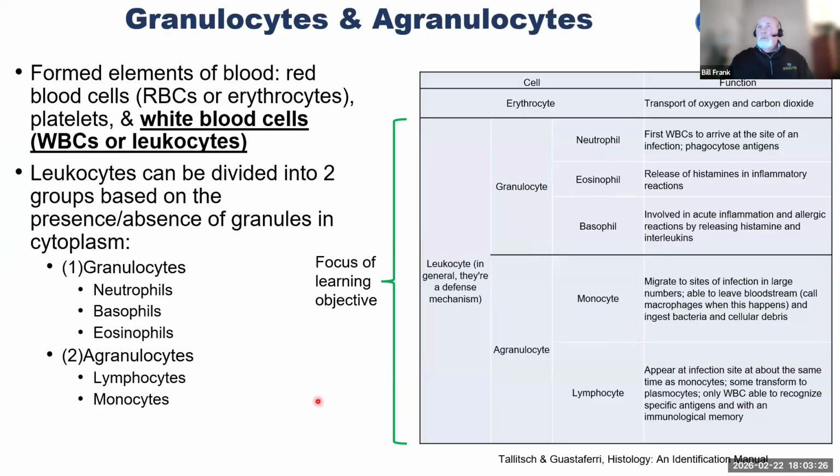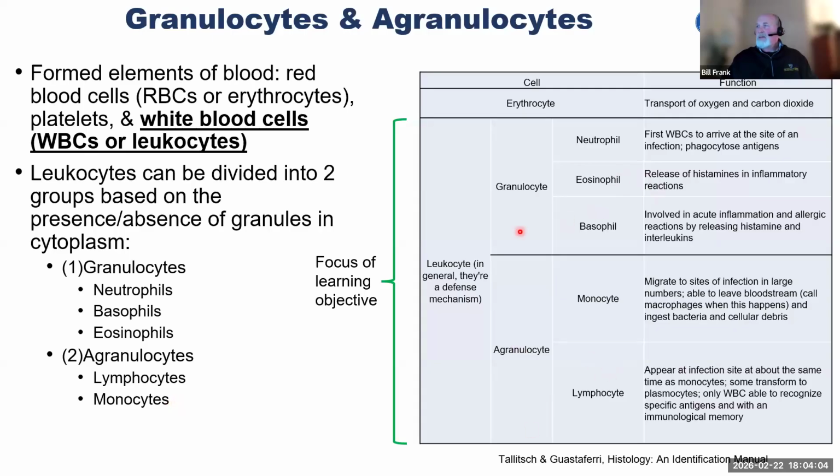Okay. When we look at granulocytes and agranulocytes, we've already talked about erythrocytes a bit previously, but the granulocytes are what we want to look at now. There are basically two different types of white blood cells: granulocytes, which are going to have colored granules on specific staining, which are going to be neutrophils, basophils, and eosinophils, and agranulocytes, which you're not going to be able to see the granules, and those are going to be lymphocytes and monocytes.